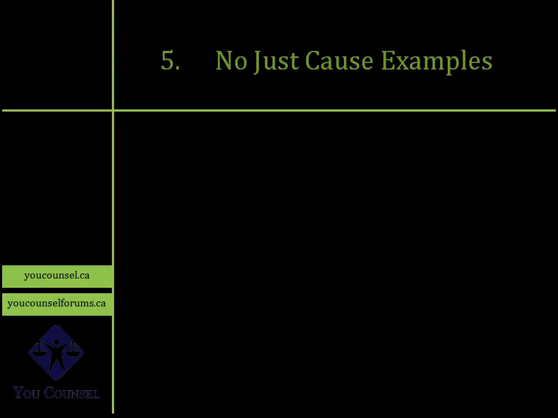Some of the examples where the dismissal may not be justified: one of the common examples is performance issues. A lot of times we get cases where the employer has terminated an employee for just cause because the employee could not meet the performance metrics. I can tell you in the majority of cases that performance is not considered an element of just cause dismissal.